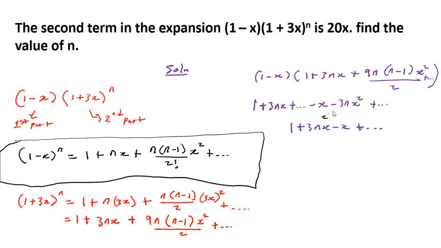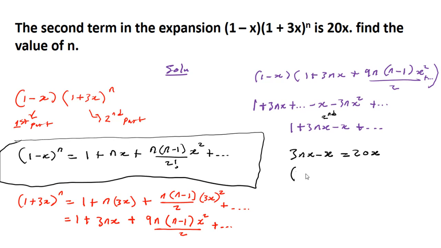Remember, this is the second term, right? The first term is this one, so this is the second term. So we're going to say 3nx minus x is simply equal to 20x, for us to find the value of n. After we do that, we can factorize x there.